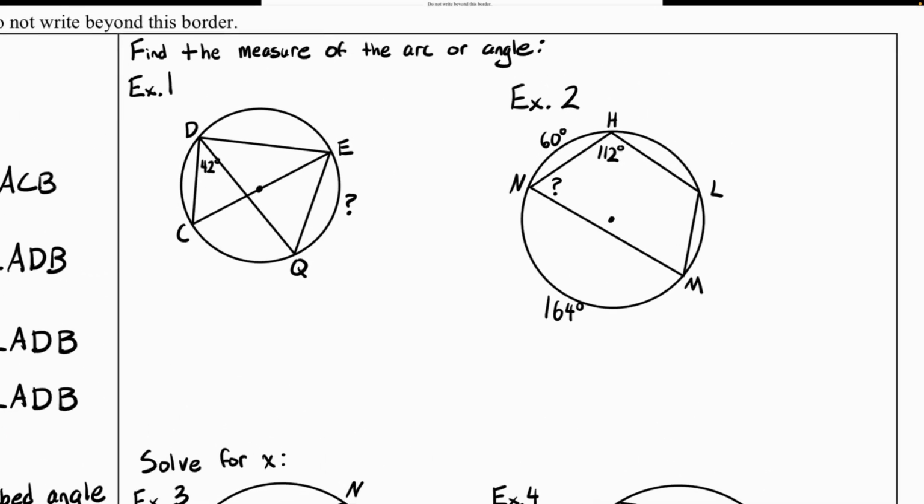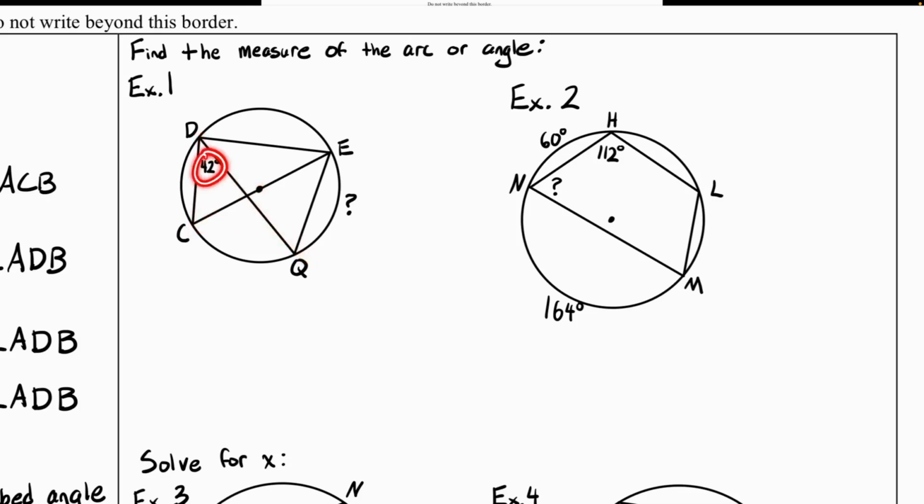In example 1, I want you to find this arc measure. I know that this angle right here is 42 degrees. Think about this one. How do we do this one? A great first step is to use the fact that we have an inscribed angle, meaning its corresponding central angle is double the amount.